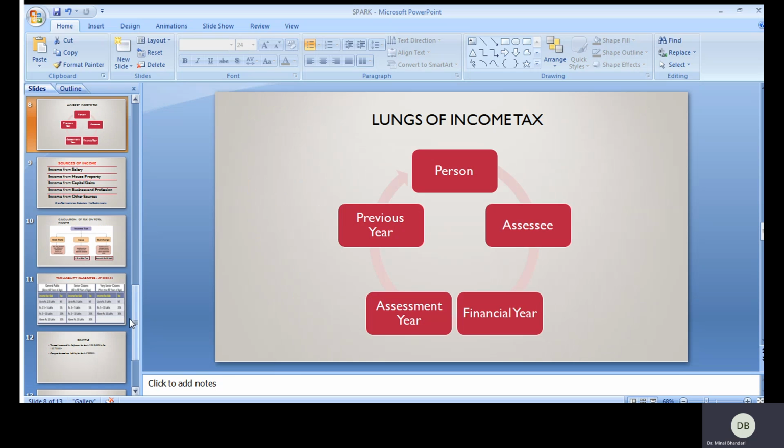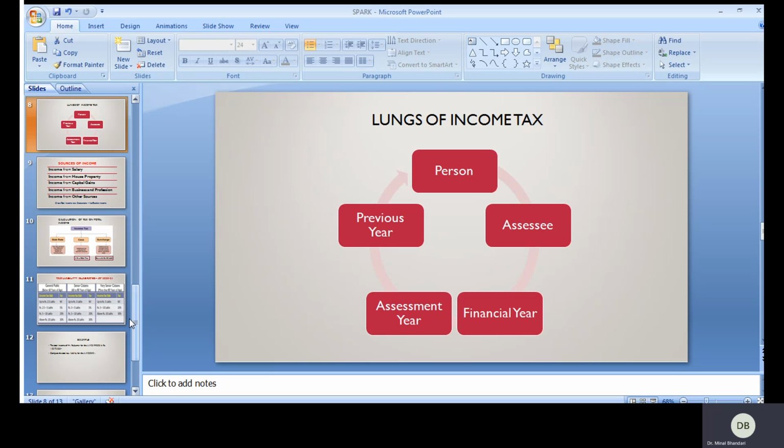Now, before discussing how to charge tax on the income of a person or assessee, first of all we need to take into consideration the meaning of different terminologies, which we can say are the lungs of income tax, because this person has a particular identity.